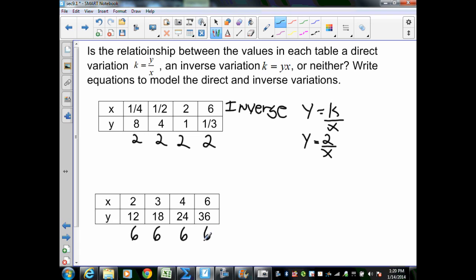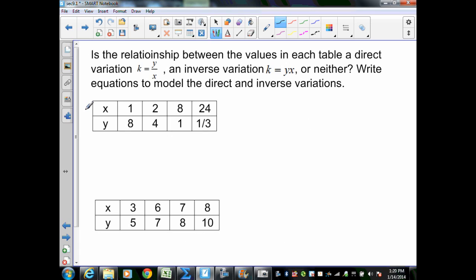Therefore, my constant of variation in this direct variation is 6. And I know my general form is y equals kx. And when I substitute in, y equals 6x for my direct variation.